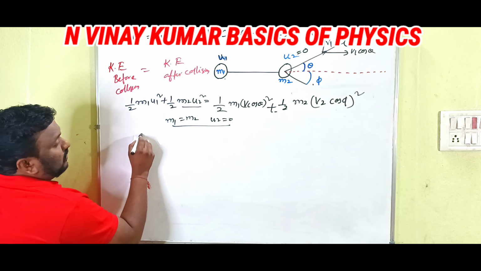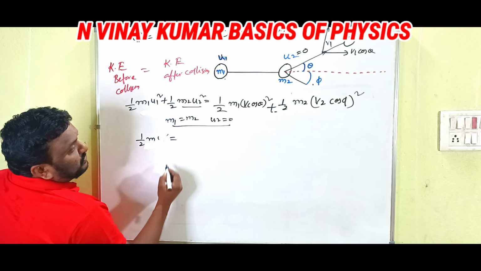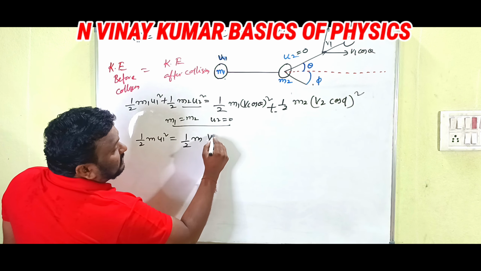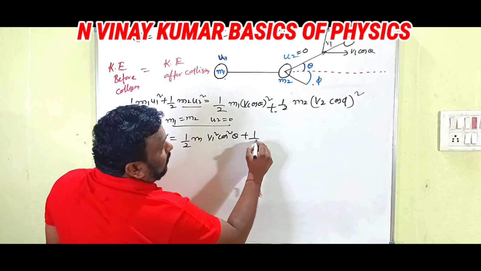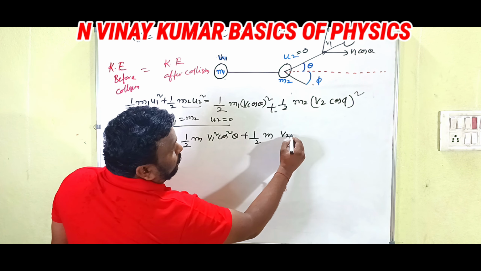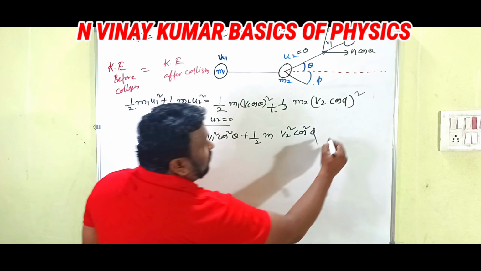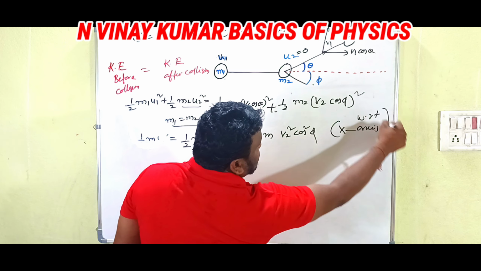Then substitute here: ½m u1² + 0 equals ½m v1² cos²θ + ½m v2² cos²φ. This is with respect to the x-axis.